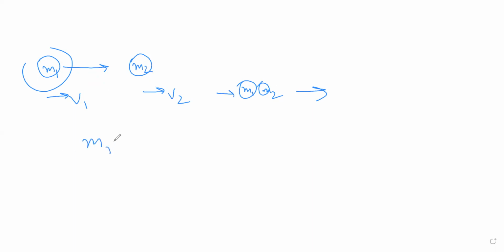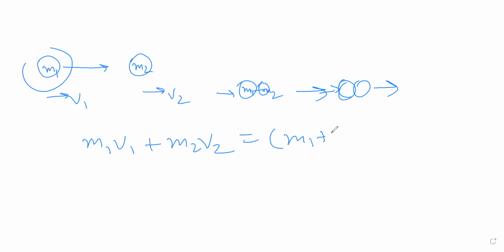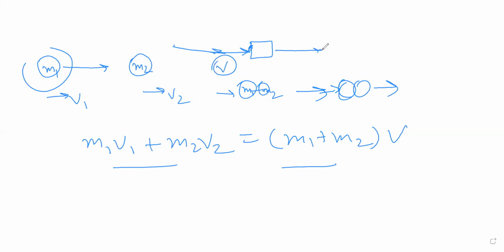We will write M1 V1 plus M2 V2 before collision, and after collision, if they go together, we can write (M1 plus M2) times V. Before collision and after collision, it is the same. It's like a car stopped at a signal, and a lorry or truck comes and hits the car with some speed V, and after that they go together.